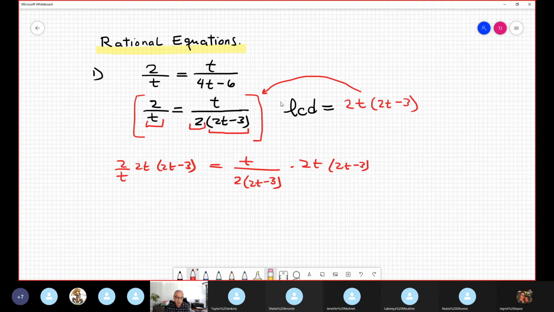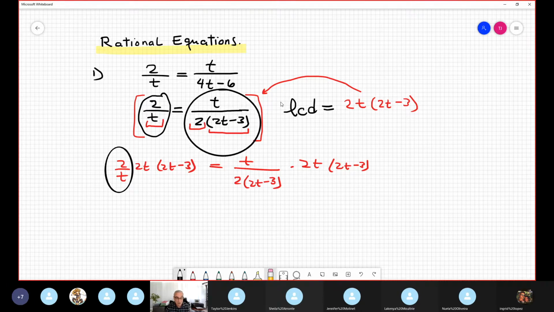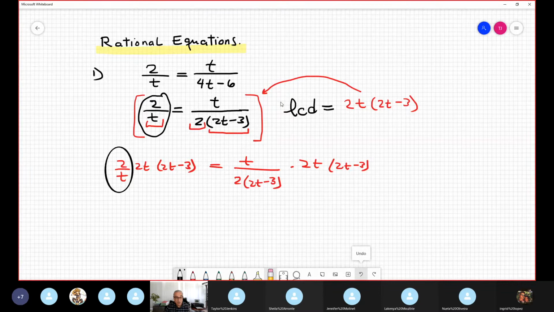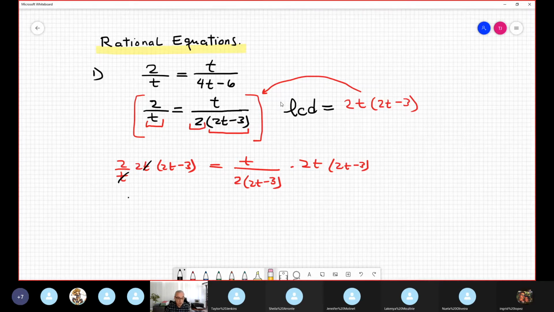So the thing I did was copy the equation exactly the same, and multiply by the LCD on both sides. Then magically, when you do this operation, the fraction disappears, because this t is cancelled. 2 times 2 is 4, times (2t minus 3).